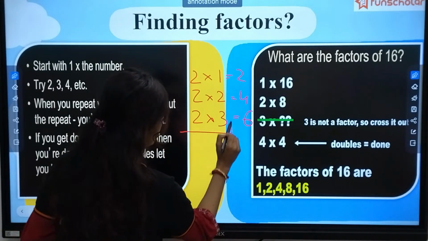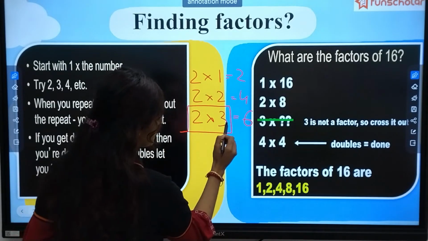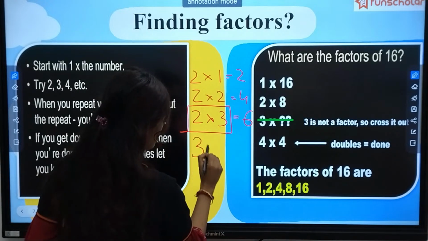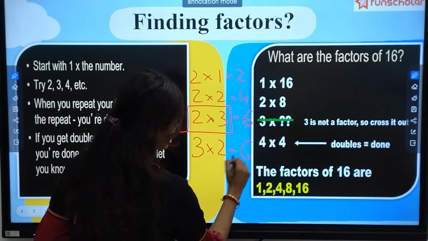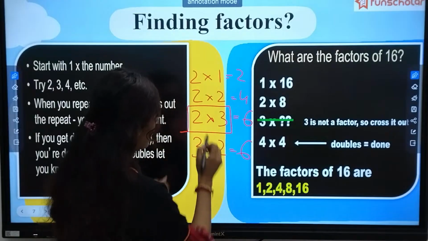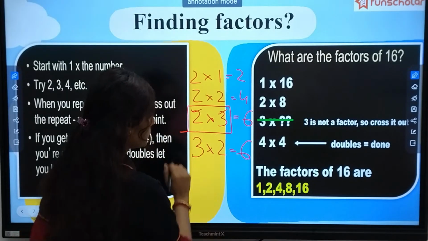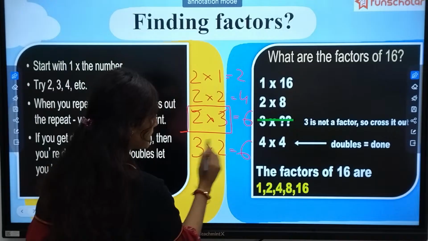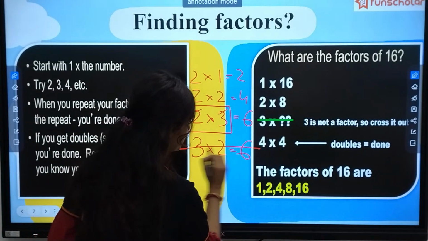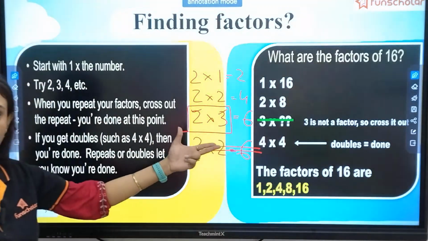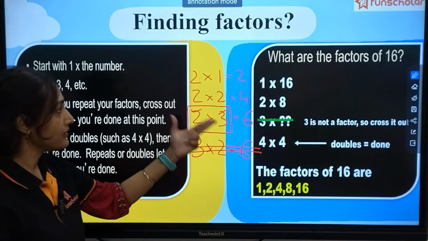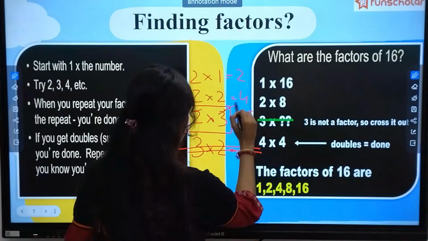So just look over here. 2 into 3 equal to 6, 3 into 2 equal to 6. So when you have calculated 2 into 3 once, in another table you don't need to calculate 3 into 2. Just choose the common and the smallest one.